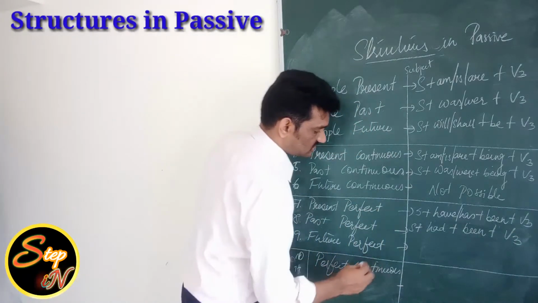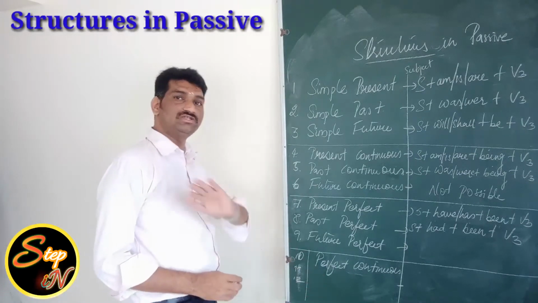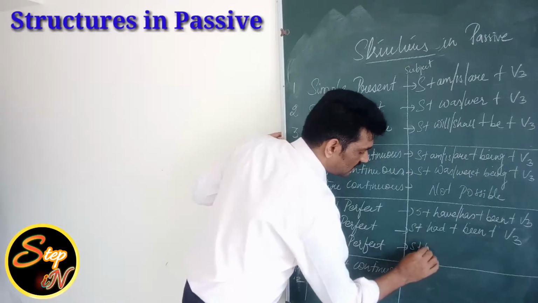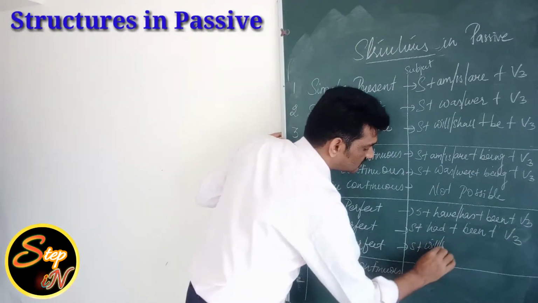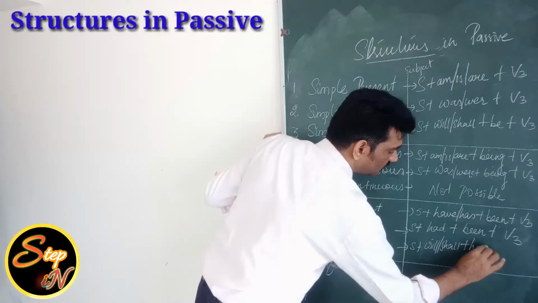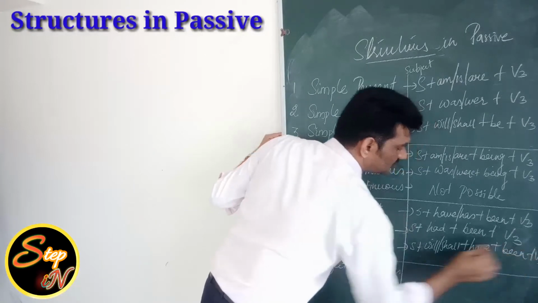And the last sentence now in the passive structures, because for the perfect continuous tenses we do not have any. The future perfect, again the same structure, subject and will or shall to indicate it is in future, plus have to mention it is in perfect, again been plus verb 3.